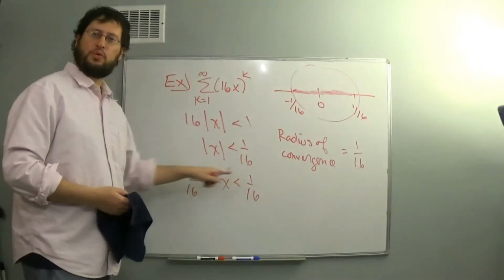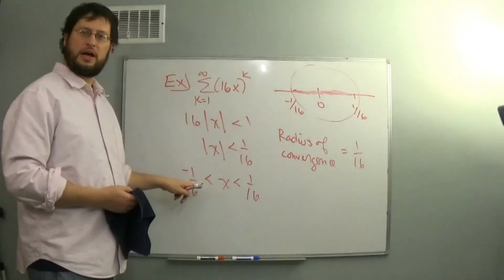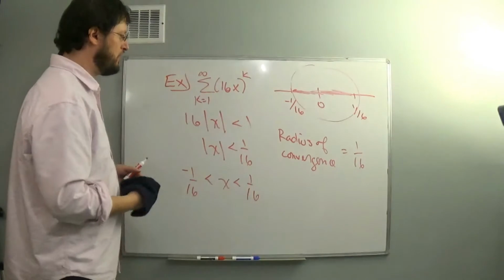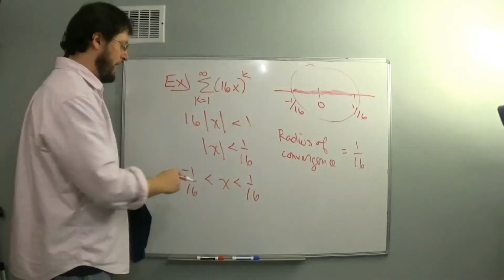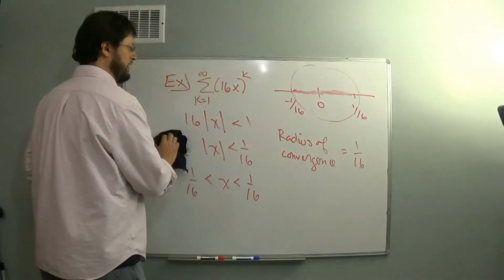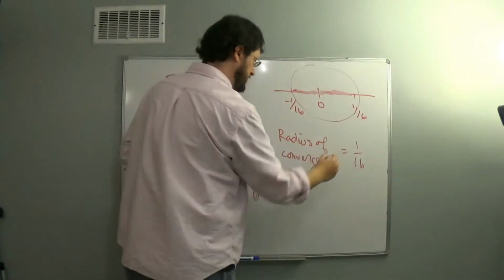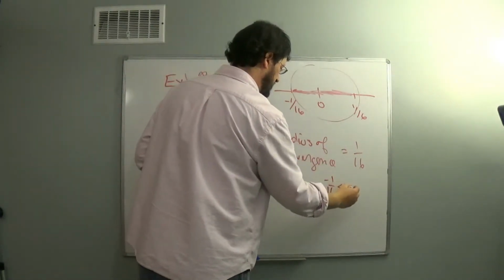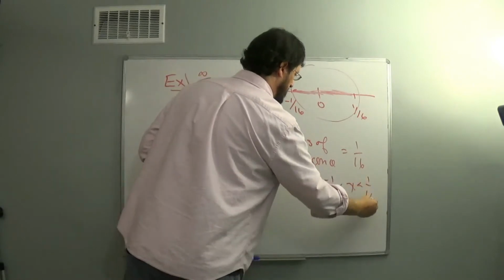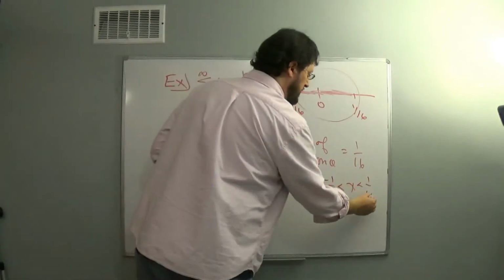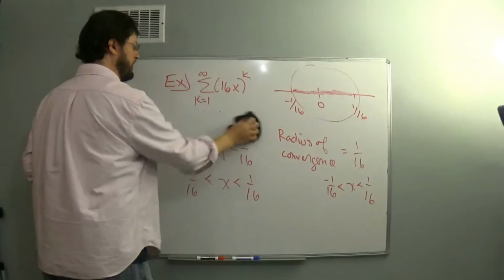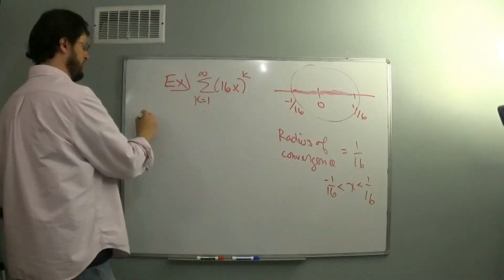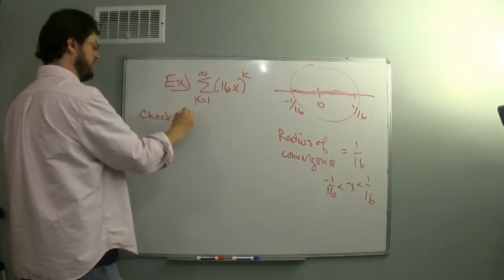So these endpoints correspond to a ratio test giving a final limit of 1, which is actually no information. So we have to check those endpoints separately. Okay, so right now we've got a radius of convergence of 1/16, but I would like to check each of those endpoints separately to say, do they converge? Does this series converge? So we have to check the endpoints.